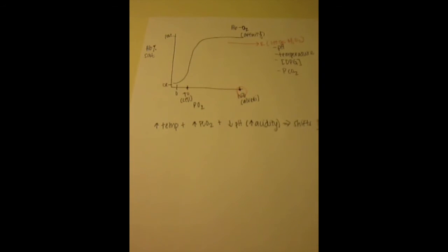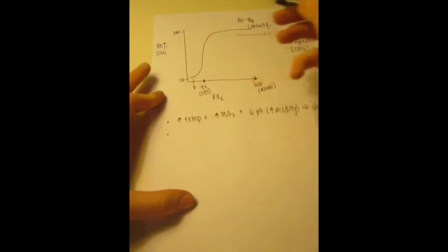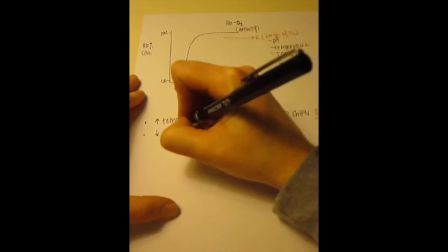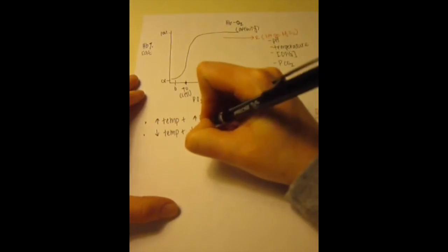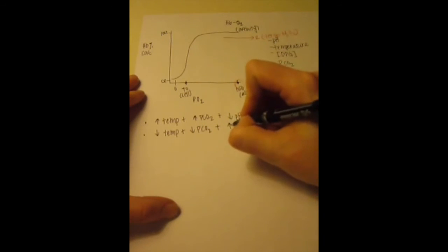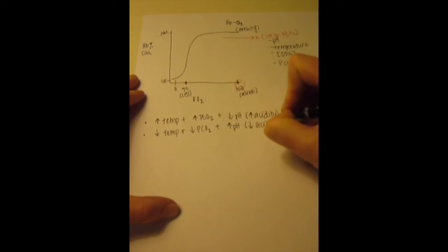Then your other set of factors are going to be decreased temperature, decreased partial pressure of CO2, and increased pH, which can also mean decreased acidity.